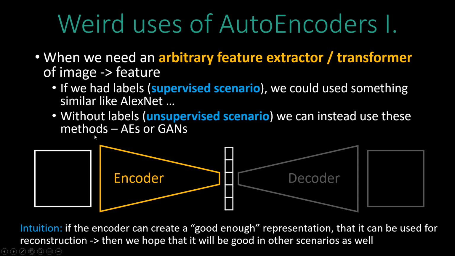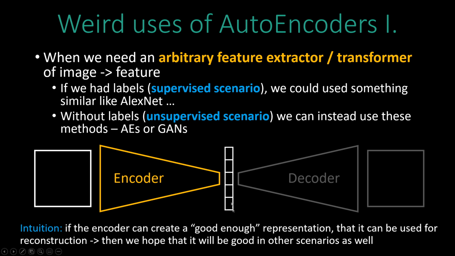The intuition here is that if the encoder creates a good enough representation that the decoder can get back to the original version of the image, then this compressed information will be good enough for us in other scenarios as well.